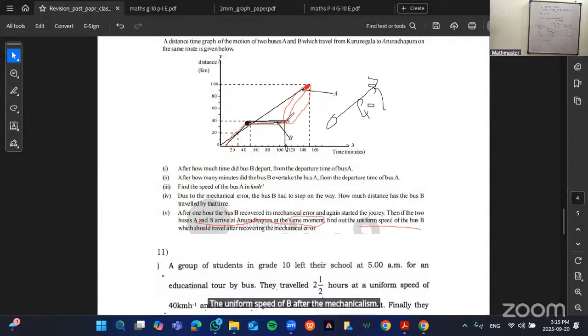Now, how do you find the gradient of this one? Find the delta y. That means find the difference of these two points. So here it is 100, here it is 40. Let's do that. I'll write that somewhere here. Question number 5, right?